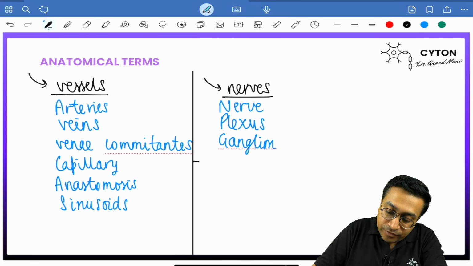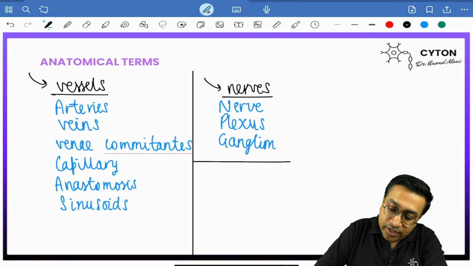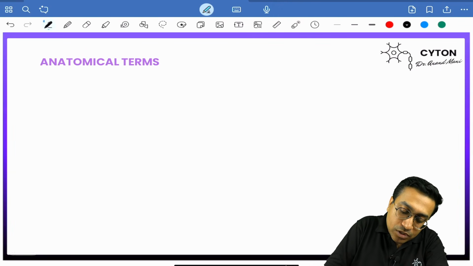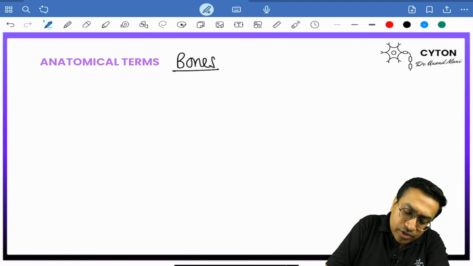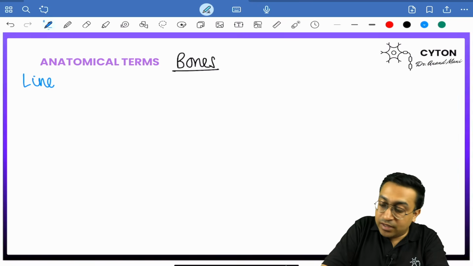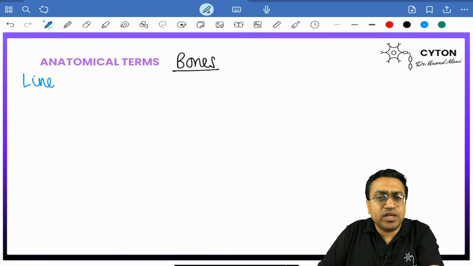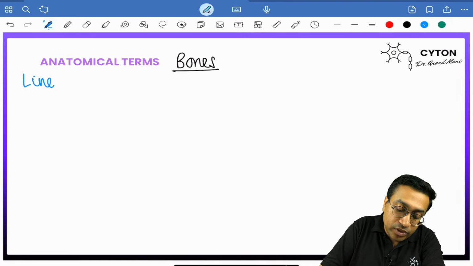Then we have terminologies for the bones. Okay, so let us write them separately. For the bones, and this will be very useful for you in the upcoming classes. You will hear these words very often. One is the line. Line is simply the linear elevation, less prominent ridge like the superior nuchal line, inferior nuchal line, temporal line you will read about.